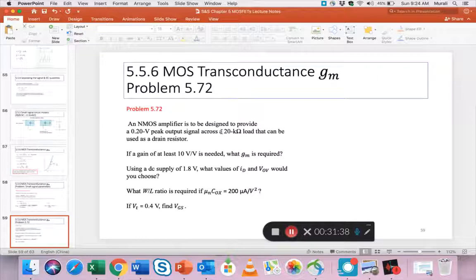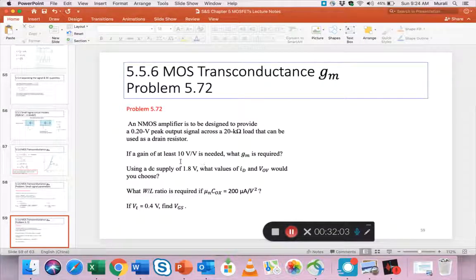So there's a VDD that supplies the bias, and the drain resistor value is given, which is also the load resistor, and an output signal has to be 0.2 volts peak or 0.4 peak to peak, I guess.